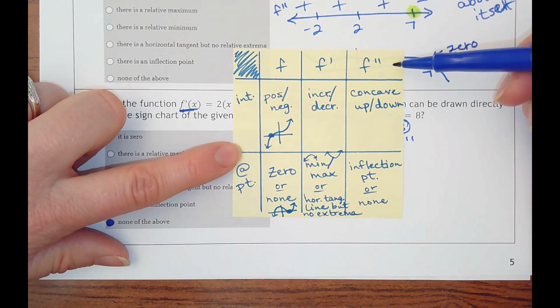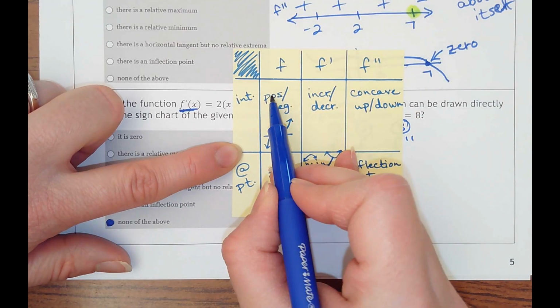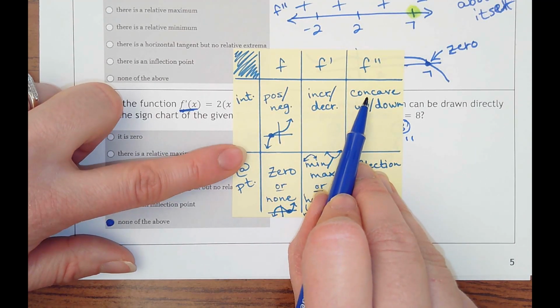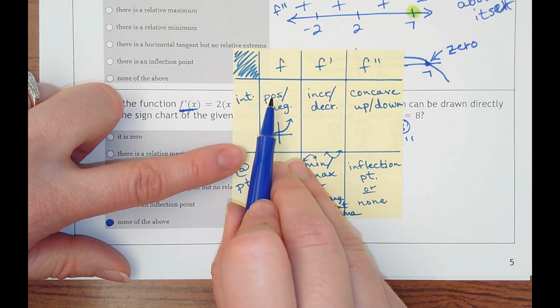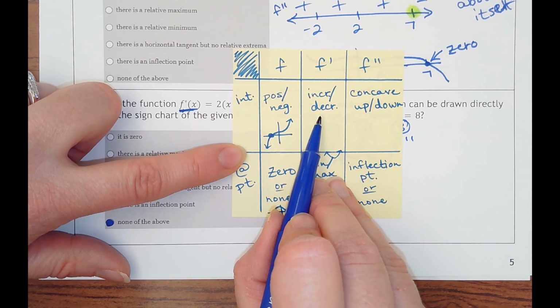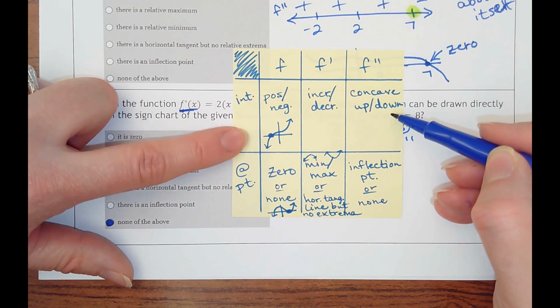And then f double prime is what tells us concavity only about the original function. So concavity is like a 2-level up step. Concavity only comes from f double prime when wanting to know about the original function f. It does not tell us concavity about f prime. If it's an interval question, those are your 2 options.